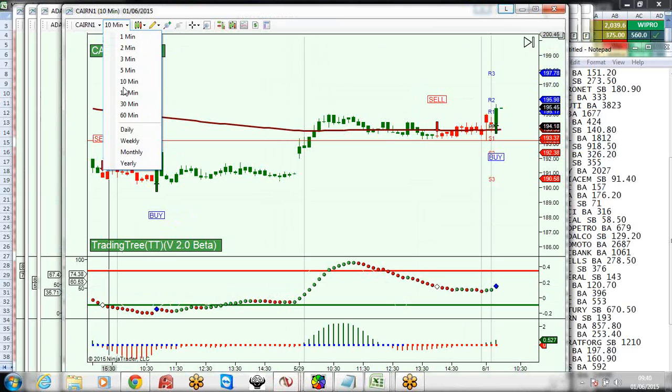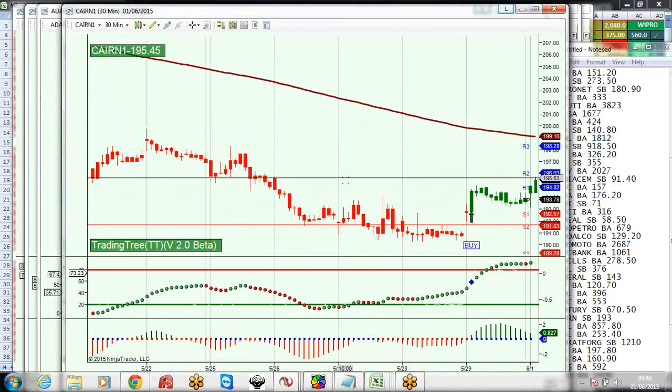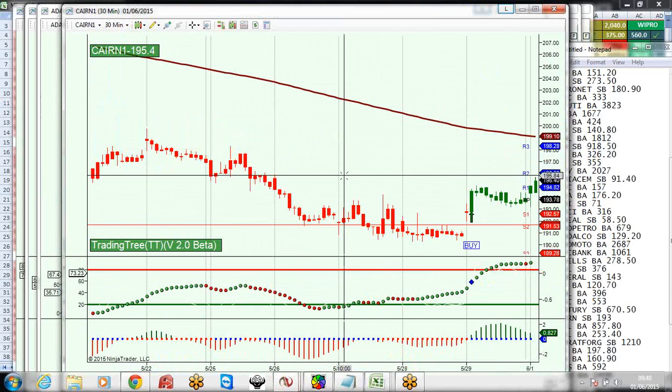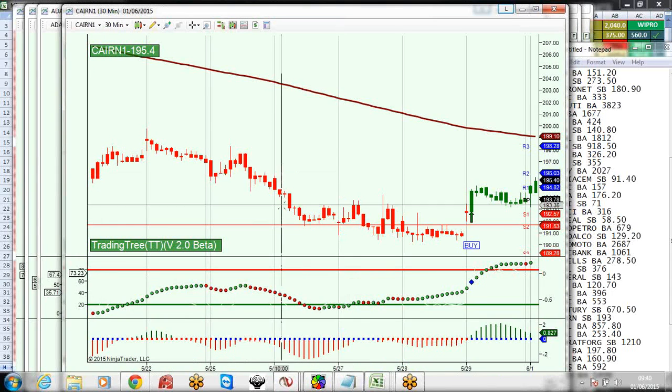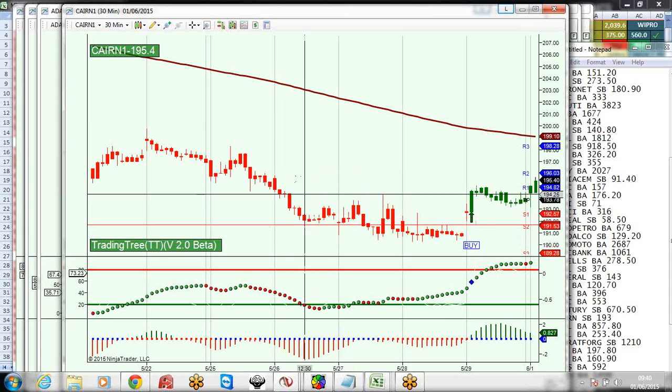You can buy above this R2 level. It's 196.